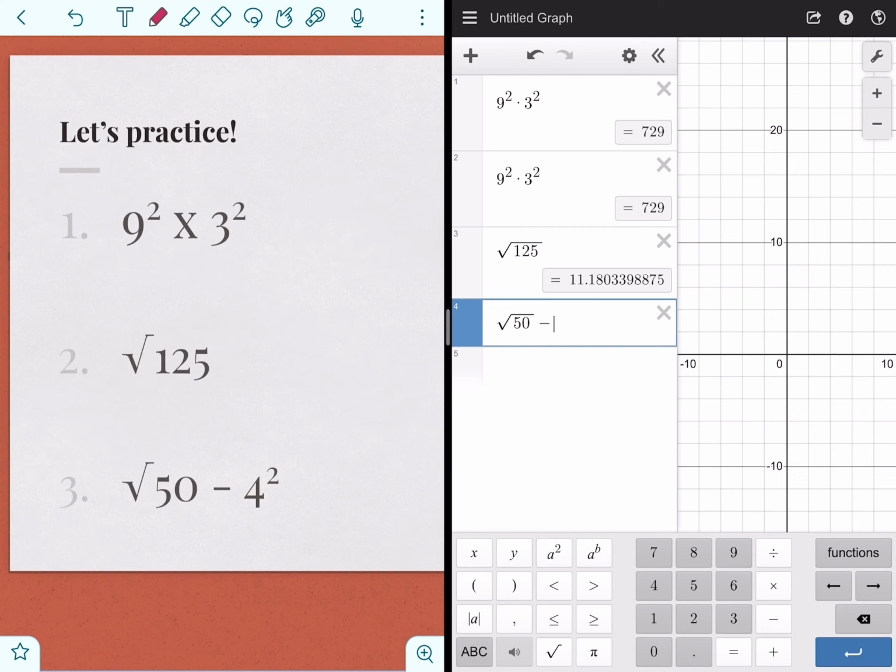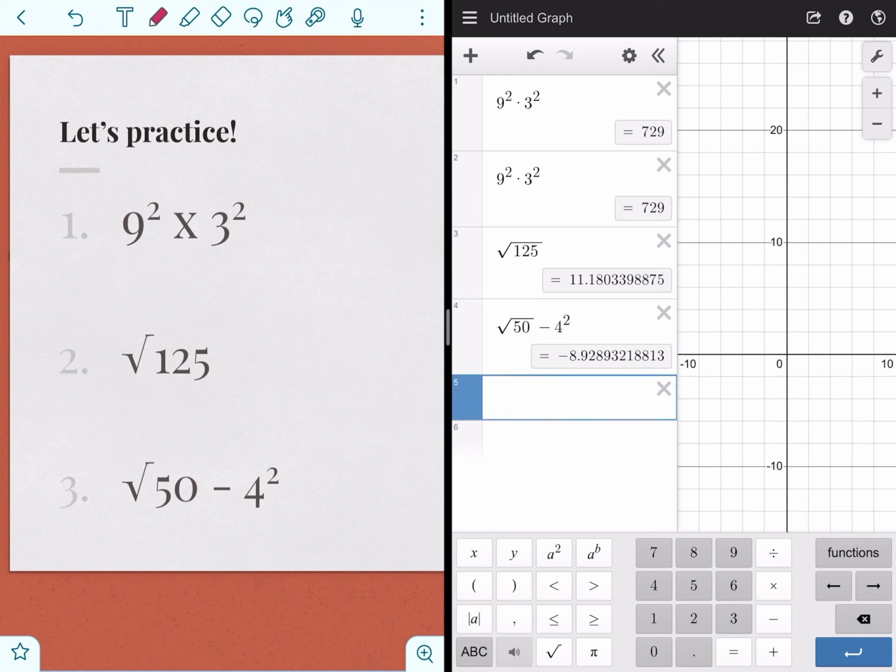If you see right there, the square root symbol doesn't extend to your subtraction symbol, so now we know that it is out from there. To finish it off, it would be minus 4 squared, and that would give us a negative number. So there we go.